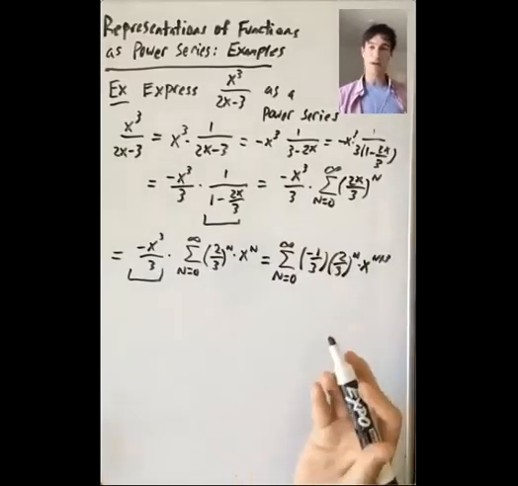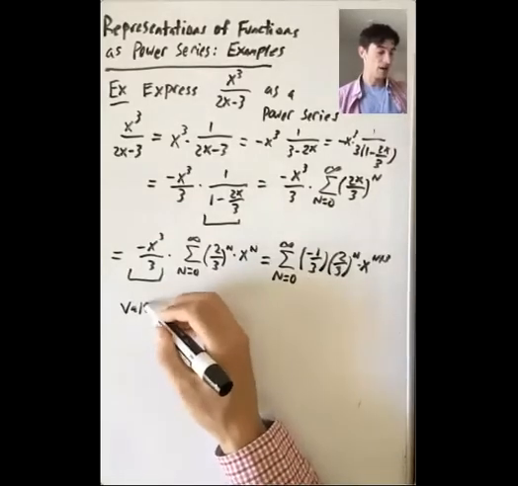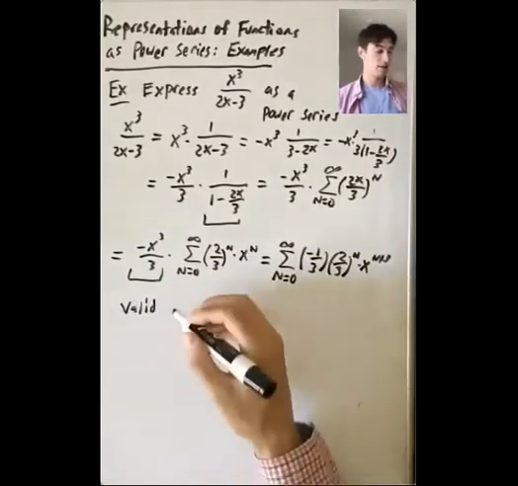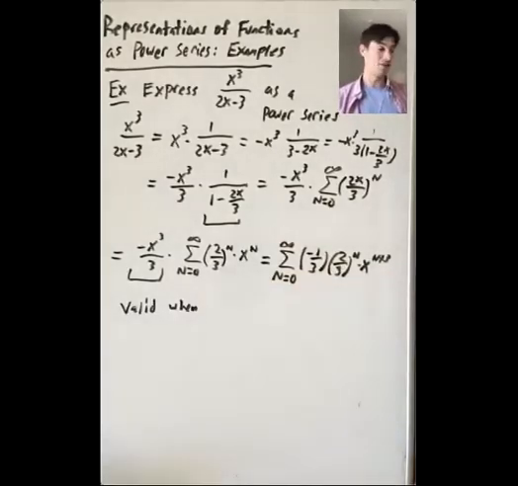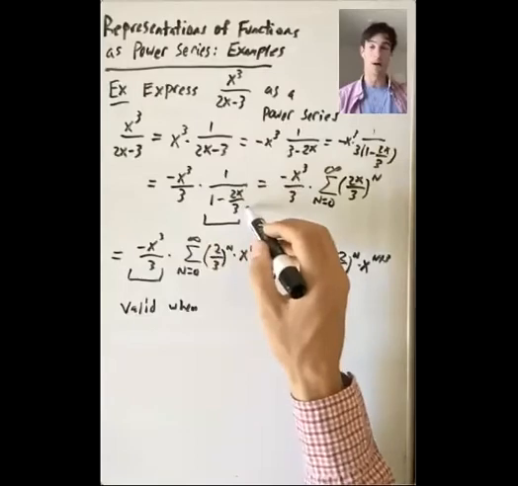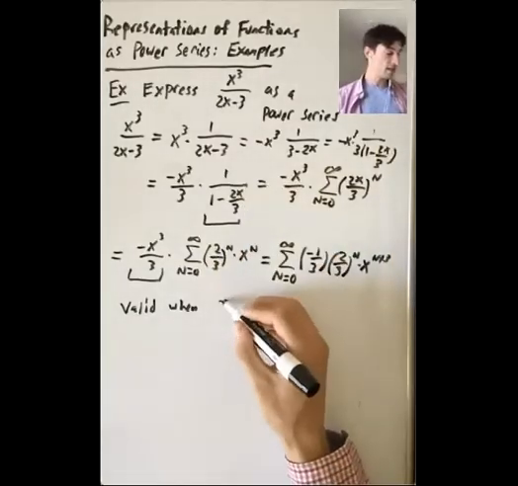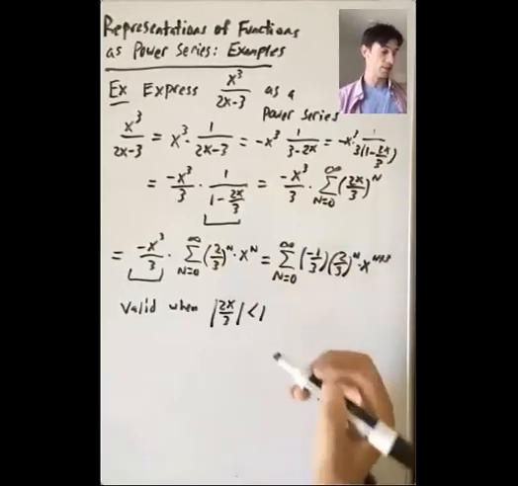And then we want to know, when is this valid? This is valid whenever that power series converges. Again, you can do the ratio test to see when this series converges, but we can also just use the fact that we know when the geometric series converges. So we use this power series representation of 1 over 1 minus something. We need that something, 2x over 3, to have absolute value less than 1.